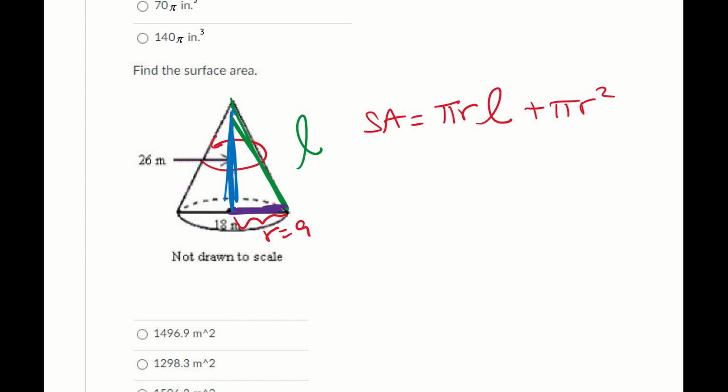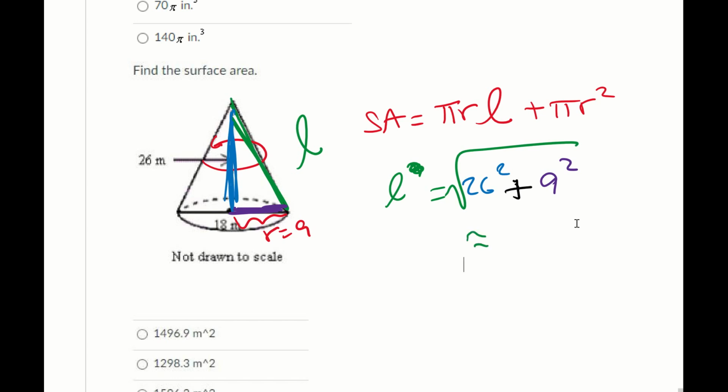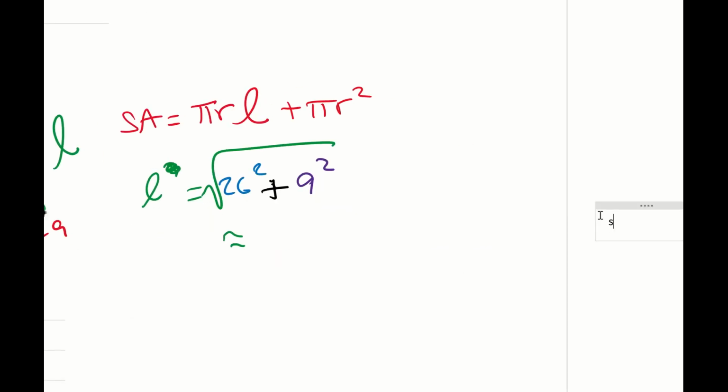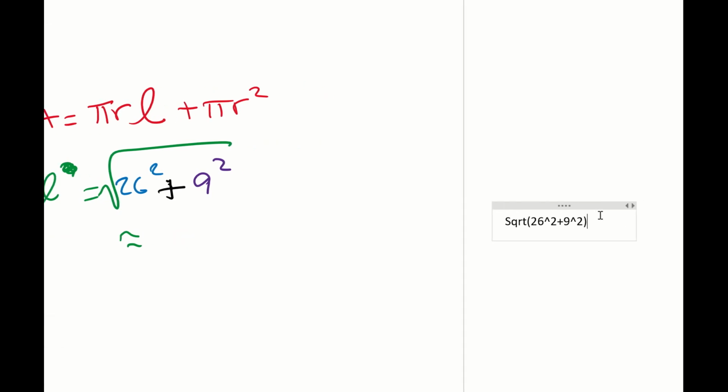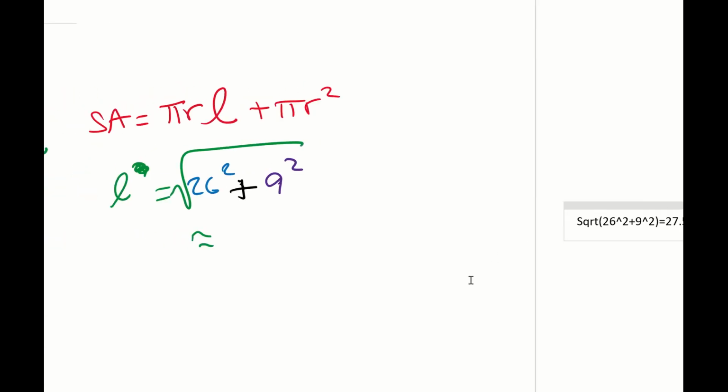So L squared is equal to 26 squared plus the radius squared, 9 squared. Then we take the square root to get rid of that. We can do that on the calculator and get L. It's the square root of 26 squared plus 9 squared, which is 27.5. We'll plug that in there.